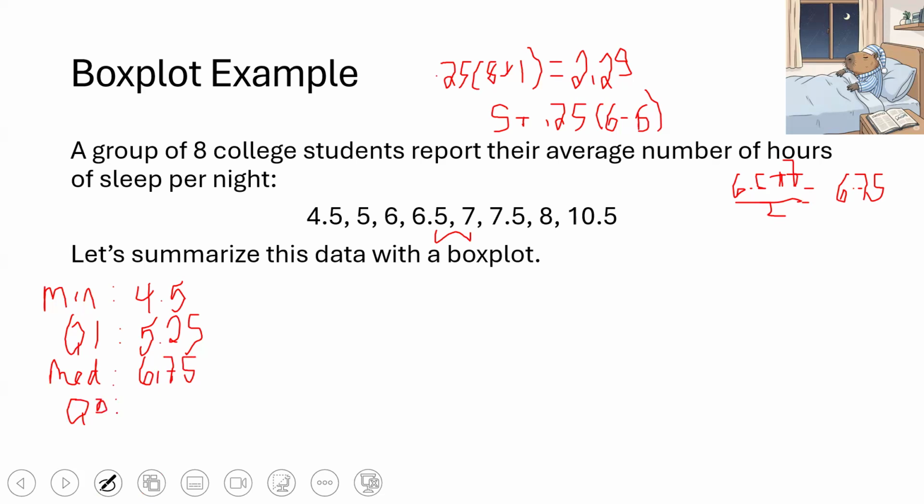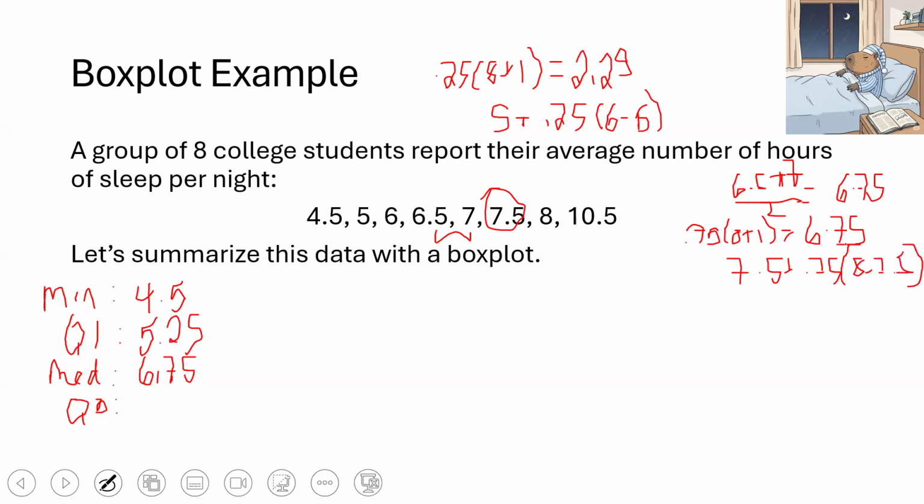All right, now we're doing 0.75 times 8 plus 1. And 0.75 times 9 is 6.75. So 1, 2, 3, 4, 5, 6. And then 0.75 times 8 minus 7.5. Right?